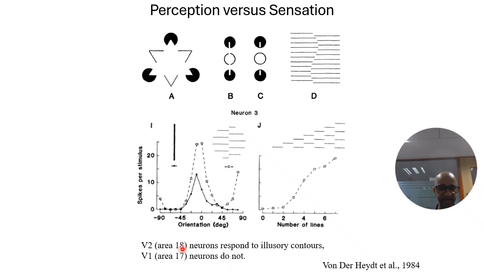But when you look at secondary visual cortex, area V2, you'll have neurons that respond to these horizontal lines, of course, but you'll also get a vertical line response. And that vertical line response will be present when you show this vertical line, as well as when you show this illusory contour that is creating this illusion of there being a vertical line. And in fact, the response to this illusory contour is much stronger in area V2 than the actual vertical line over there.